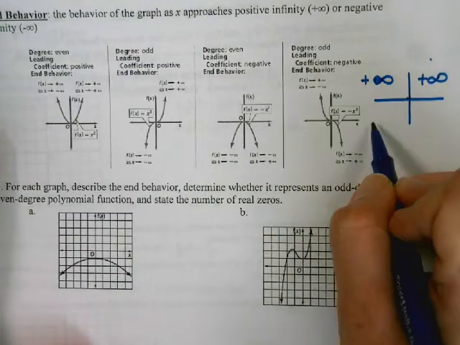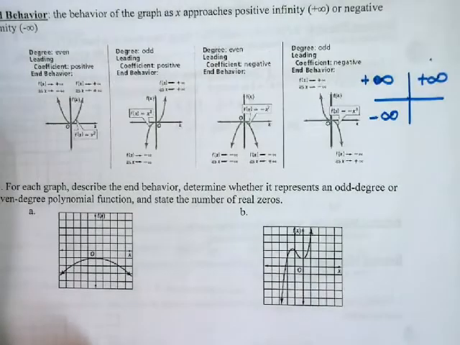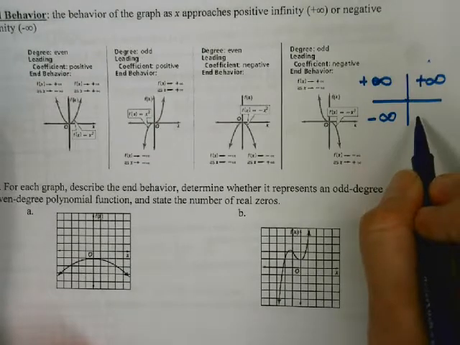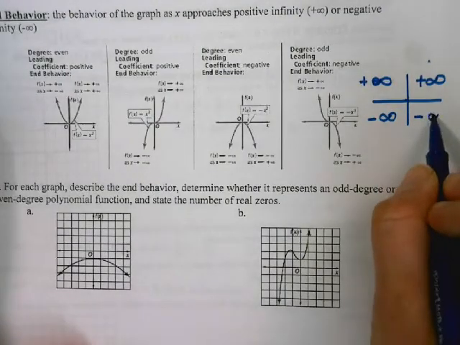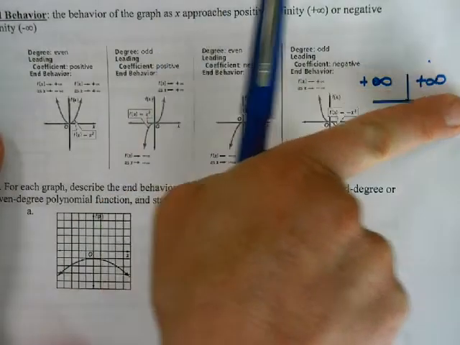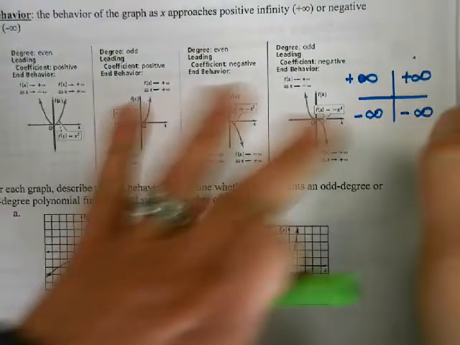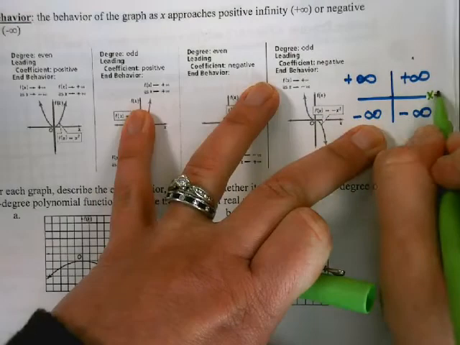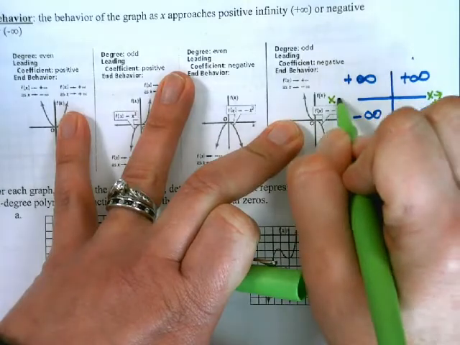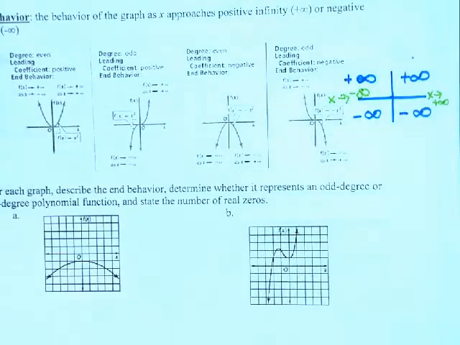If your graph is going down, he's going to negative infinity. And if your graph is going down here in quadrant 4, he's also going to negative infinity. So we're going to talk about as x goes to positive infinity, so think this is your x-axis. As x goes to positive infinity, what's happening? And as x goes to negative infinity, what's happening as well?